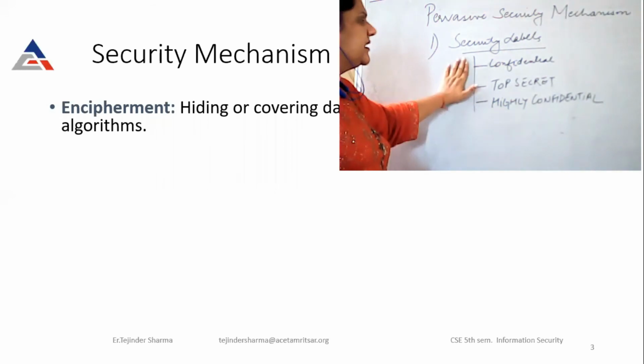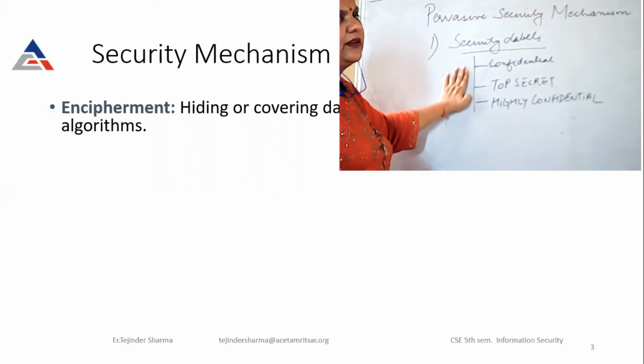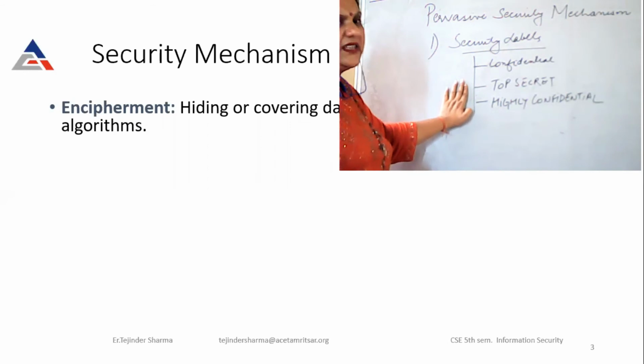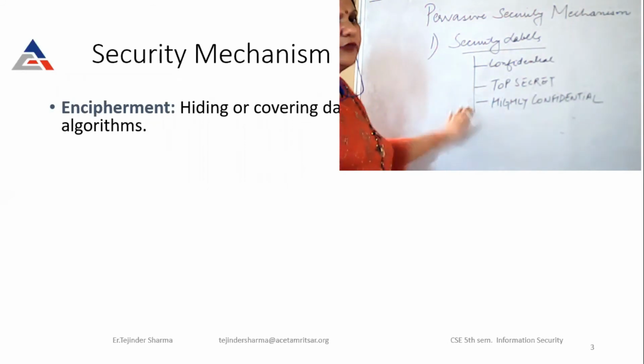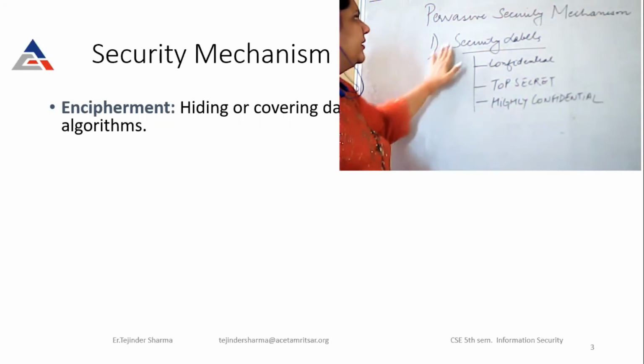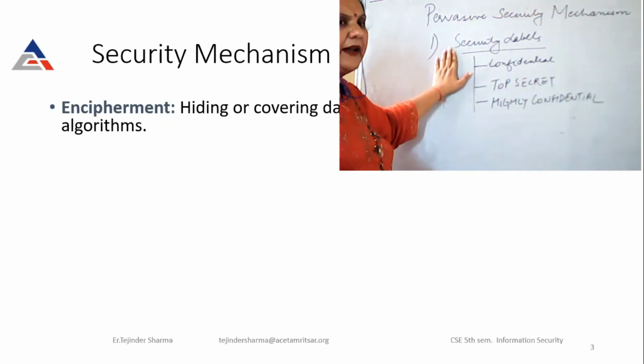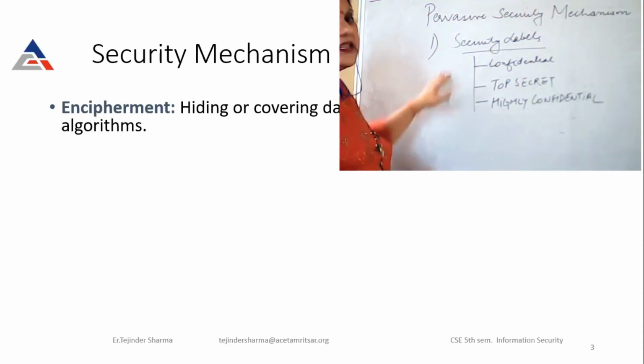If you try to access this information, it will say the file is confidential, you do not have access to it. It's a top secret file, you don't have access to it. It's a highly confidential file, you don't have access to it. This is how security labels are appended to the various logical files in the network.